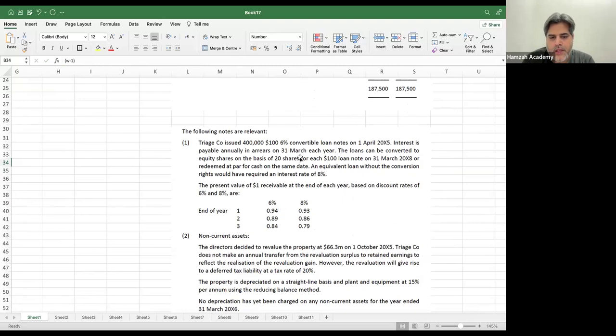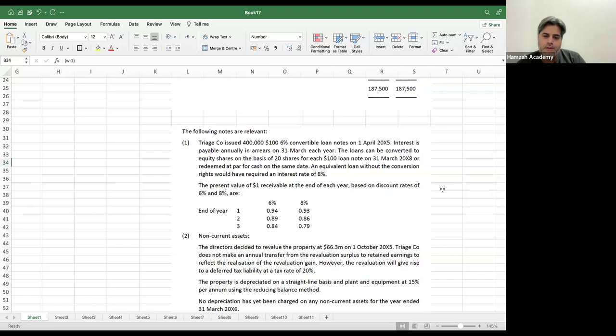The loans can be converted to equity shares on the basis of 20 shares for every $100 loan note on 31st March 2028 or redeemed at par for cash on the same date. An equivalent loan note without the conversion rights would have required an interest rate of 8%.